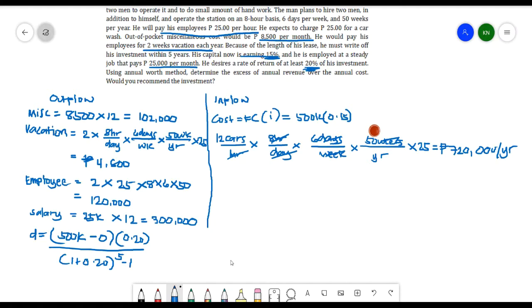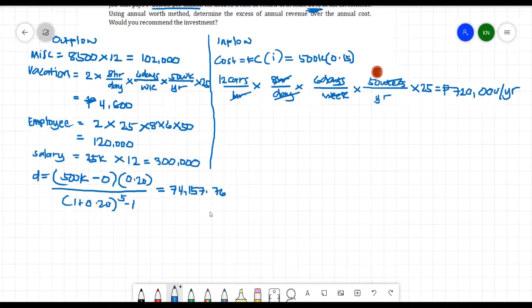So the depreciation is equivalent to 74,157.76. So now these are the annual costs that we have.